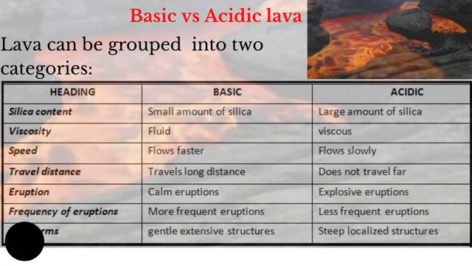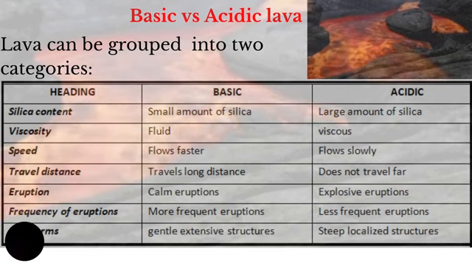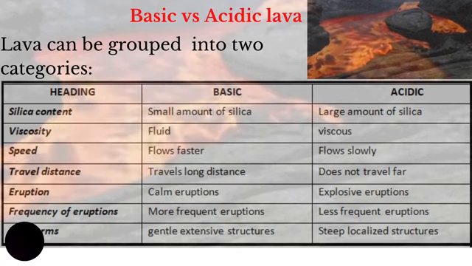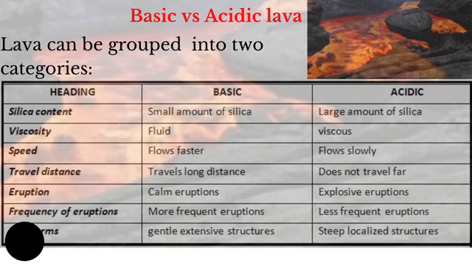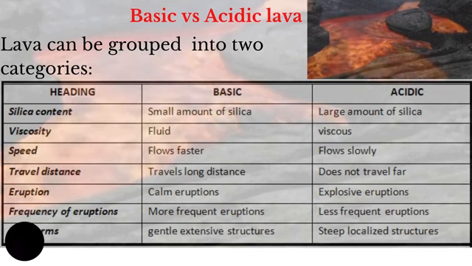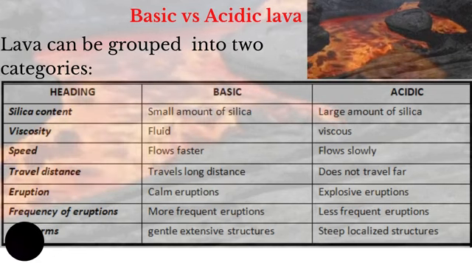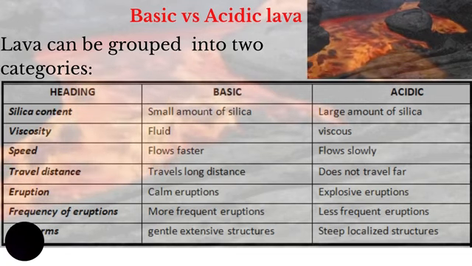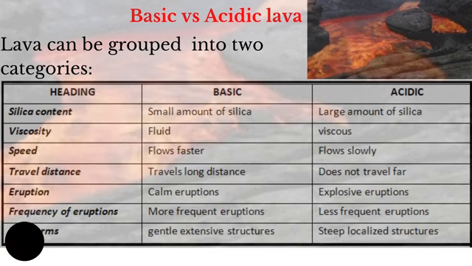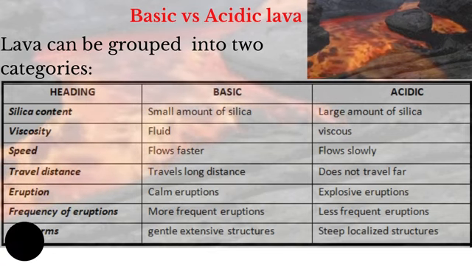Basic lava has a low silica content, while acidic lava has a higher silica content. Basic lava is therefore fluid in nature, while acidic lava is viscous in nature.